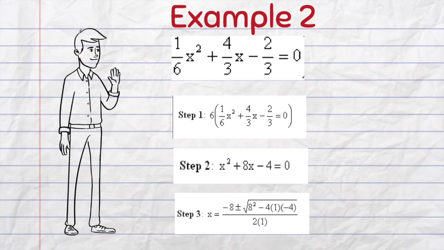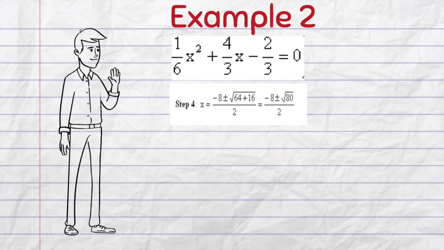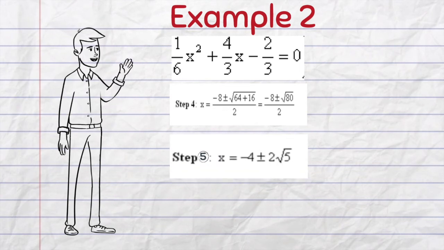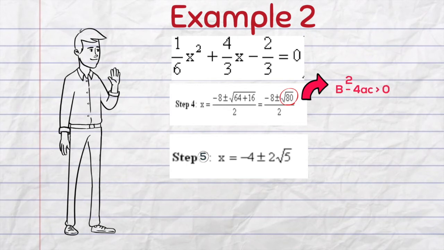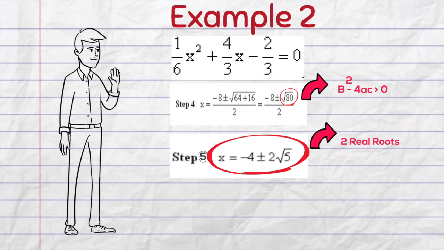Simplify it and we get minus 8 plus minus the square root of 80, all over 2. The final answer is minus 4 plus minus 2 square root of 5. As we can see, the discriminant is greater than 0, so there will be 2 real roots when we finish solving the equation.